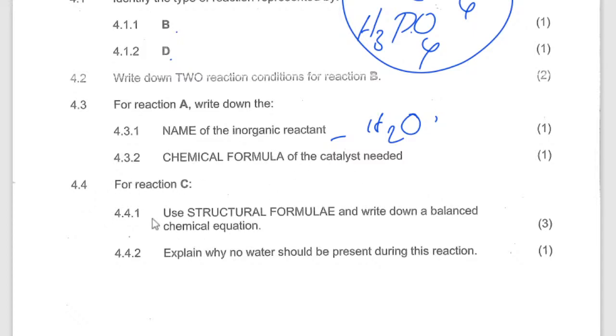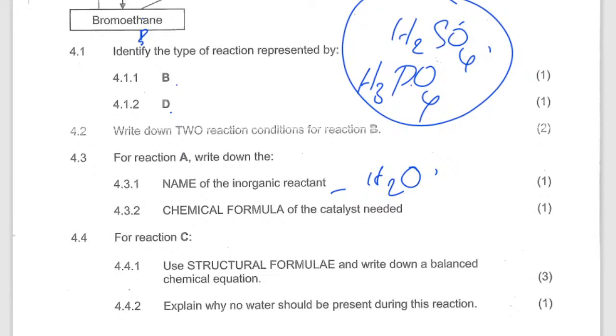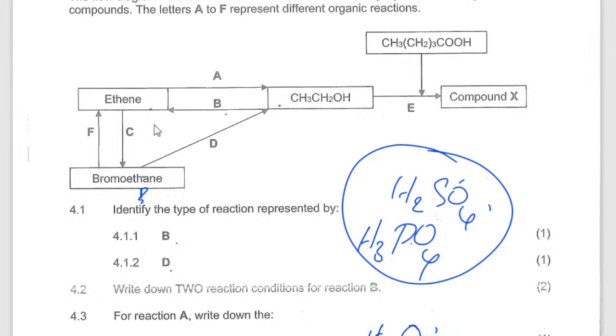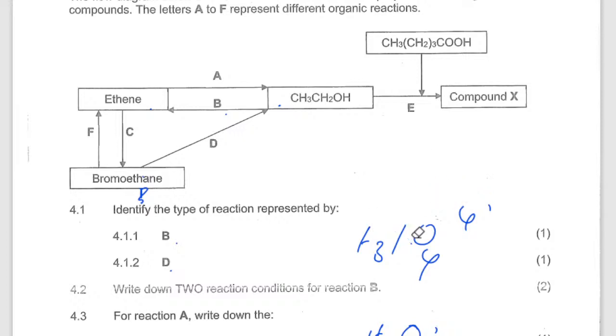They are saying write down the balanced chemical equation for the structure formula of reaction C. When you come back here, you look at reaction C. Where is reaction C? From here to here. So here you just have to write from here to here.